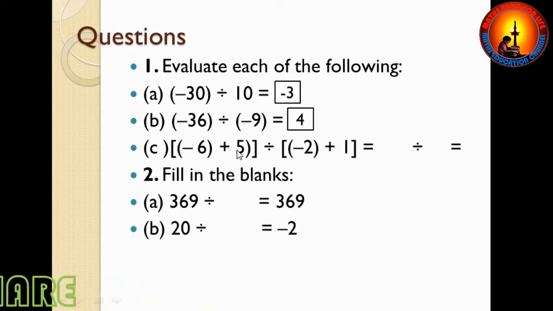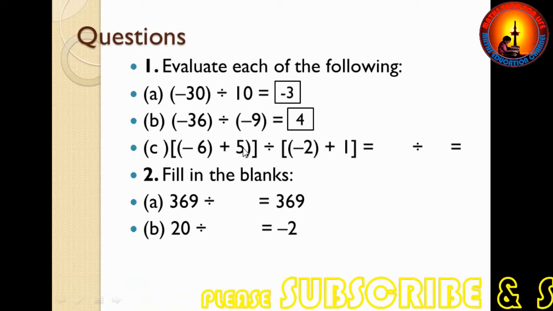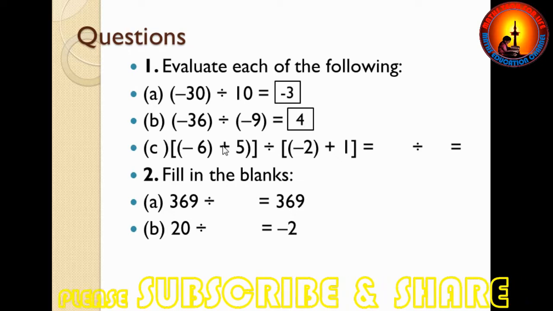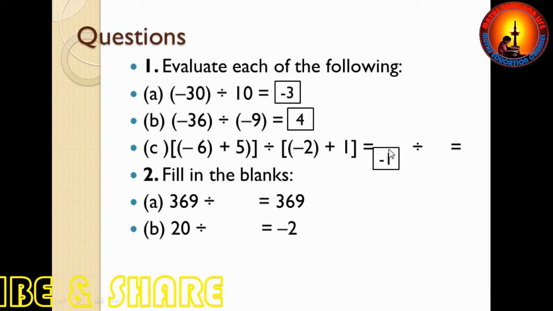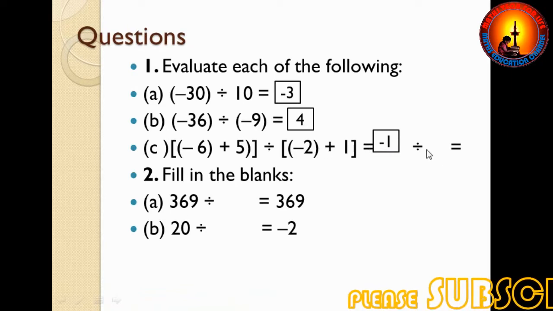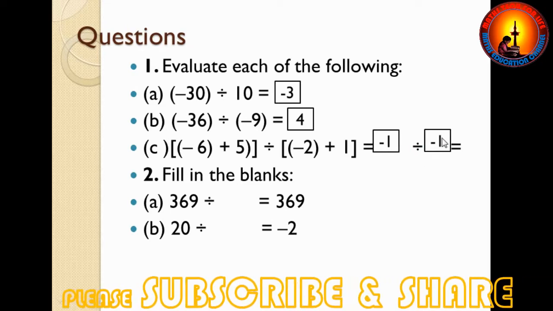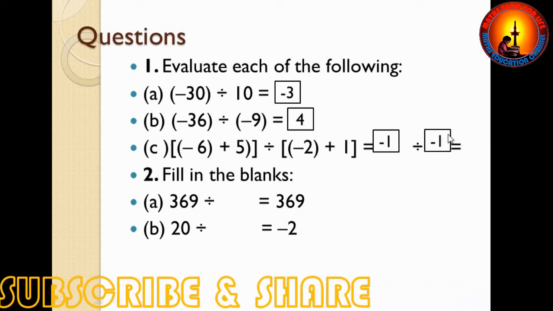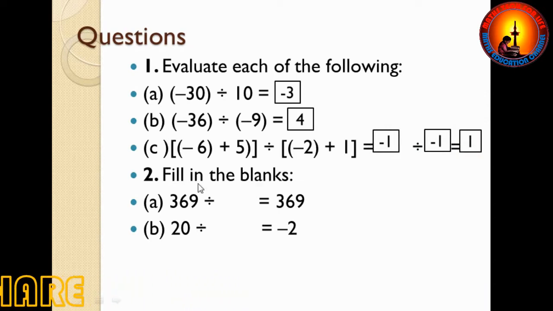Different signs, so you have to subtract. 6 minus 5 is 1, and the largest number is negative, so negative 1. The next one, negative 2 plus 1, subtract: 2 minus 1 you will get 1, so negative 1. Here you get negative 1 divided by negative 1, both are negative, so the final answer will be positive 1.